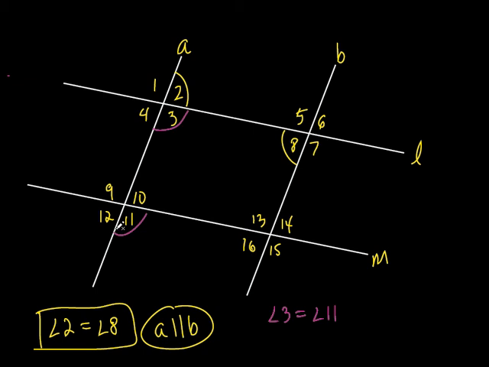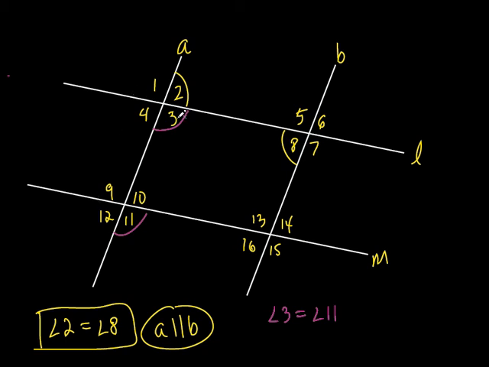So that's the transversal. First of all, let's do this. What is the relationship between 3 and 11? They're corresponding angles. Everybody see that? They're corresponding angles. Everybody with me? So 3 and 11 are corresponding angles to each other. So which lines must be parallel if 3 and 11 are equal to each other? What is it?